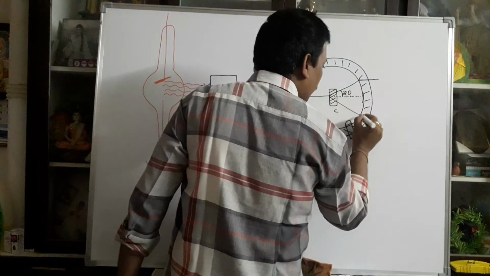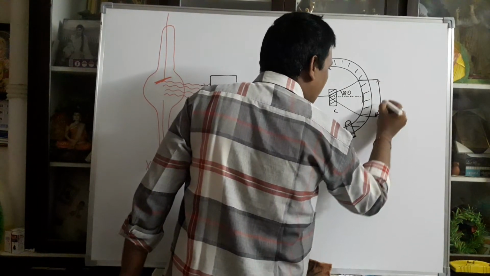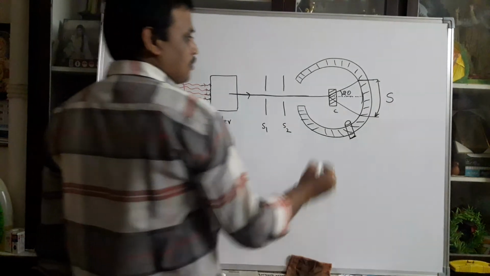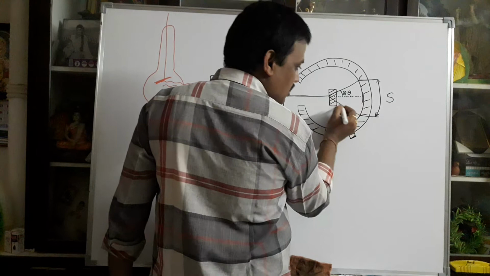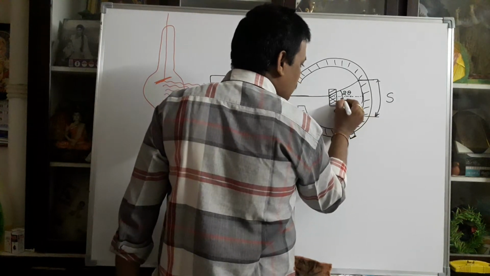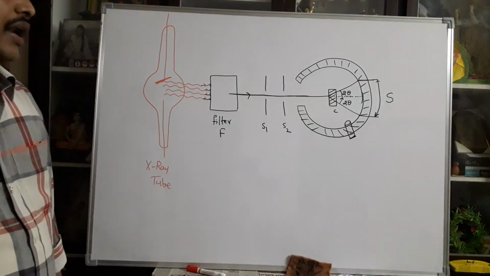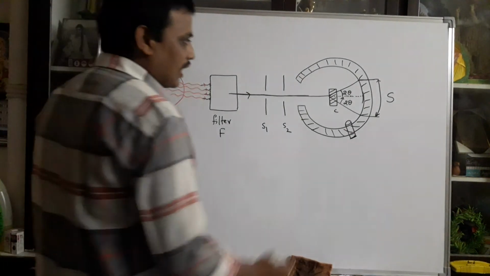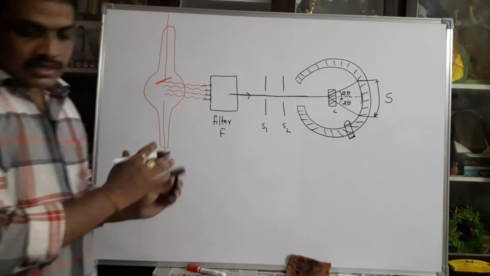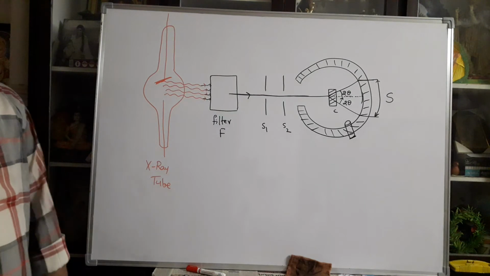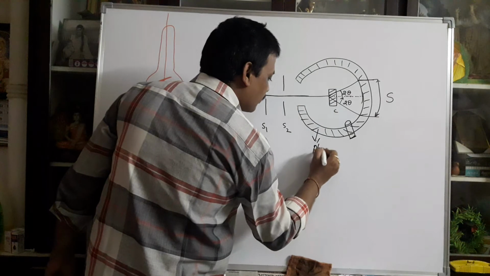From this point to this point, the distance can be taken as S. This is a diffracted ray making an angle 2 theta. This is also the same diffracted ray, so this angle is also 2 theta. So the total angle along the arc length S is 2 theta plus 2 theta, which is 4 theta. This is the complete structural arrangement. This circular part is the photographic plane.